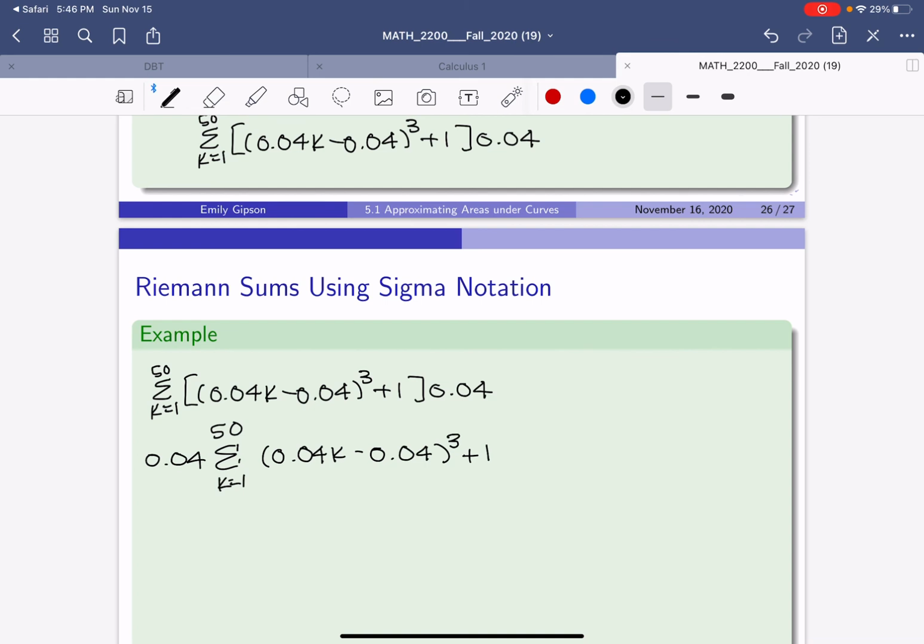And now this is simply the art of breaking it into two separate summations. So I get 0.04 times summation of 0.04k minus 0.04, cubed, plus 0.04 times summation of 1, k equals 1 to 50. And you can see where this is going.